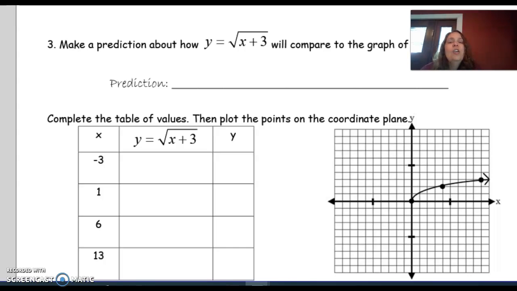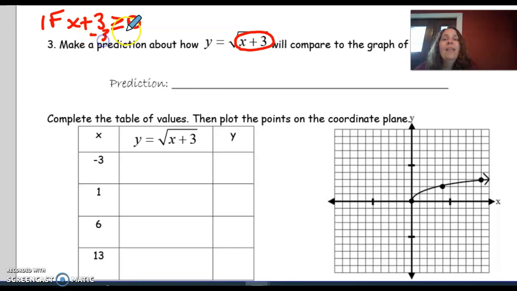But actually you still have the restriction that what is underneath the radical better stay positive. So if x plus 3 has to be greater than or equal to 0, we need to solve for x. By solving for x, we have to do the opposite, and that's where it goes to the other side. X is actually greater than or equal to negative 3. You have to do the opposite of what you see here.